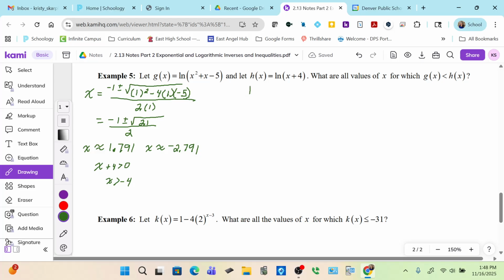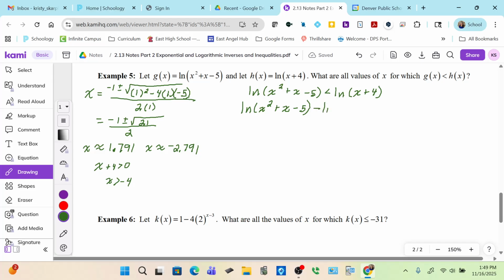So we have the natural log of x squared plus x minus 5 is going to be less than the natural log of x plus 4. I want to get my logarithm on one side, so that's going to be natural log of x squared plus x minus 5, and in order to move the natural log of x plus 4 to the left side, I would be subtracting it.